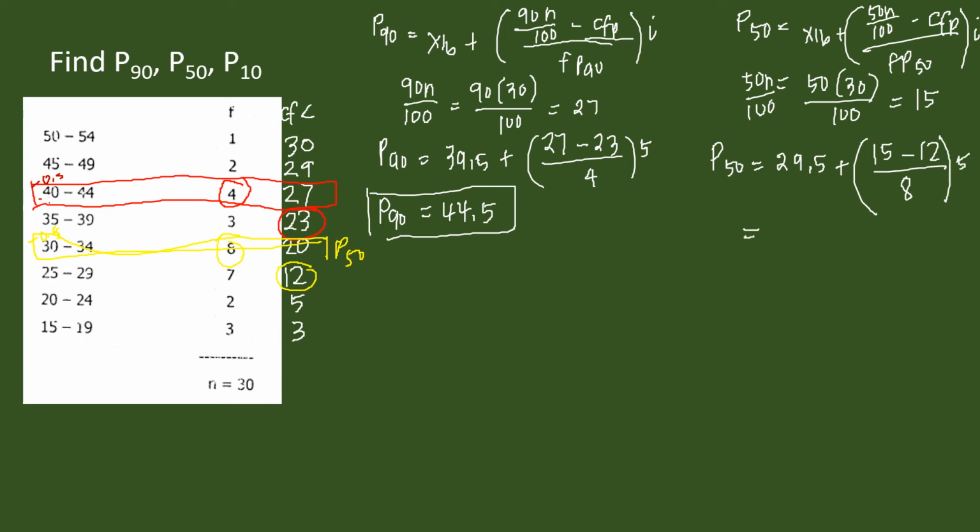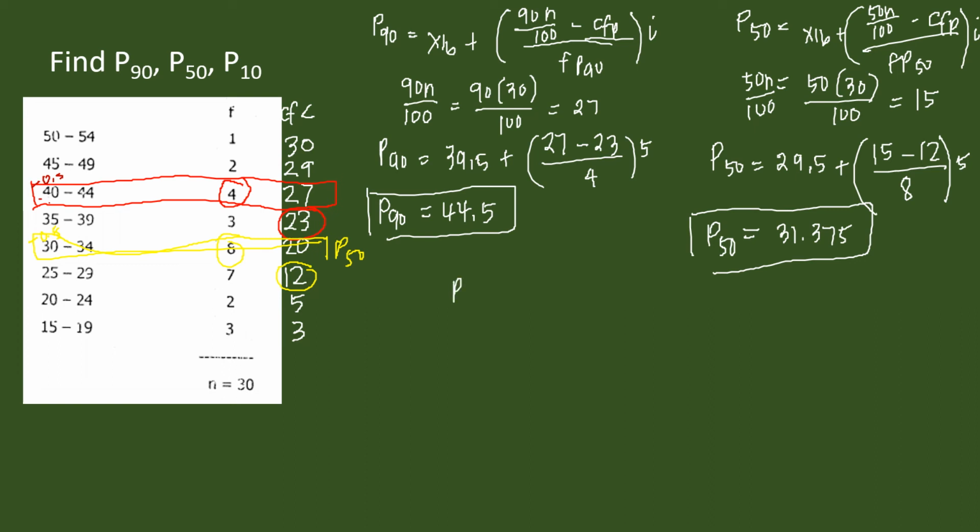If we solve that, 15 minus 12 is 3. 3 divided by 8 gives you 0.375 times 5, that gives you 1.875 plus 29.5. P50 is 31.375. Again, 31.375 is still within the range of 30 to 34.